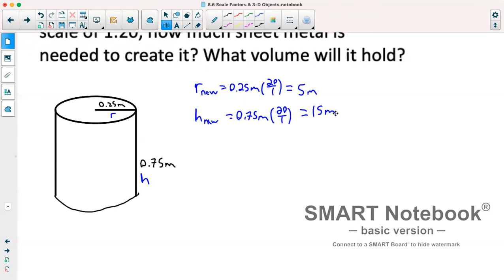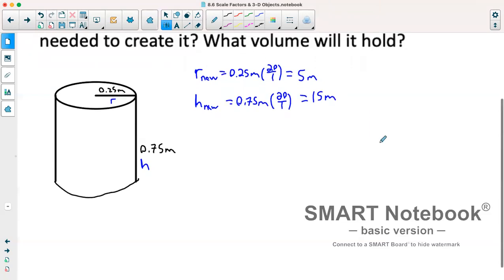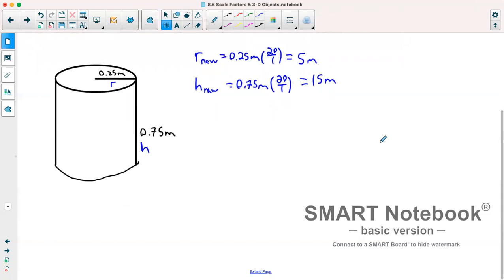Now we want to know how much sheet metal will be needed to create it. So we have a surface area that's 2 pi r squared plus 2 pi r h, and we'll substitute these values in.